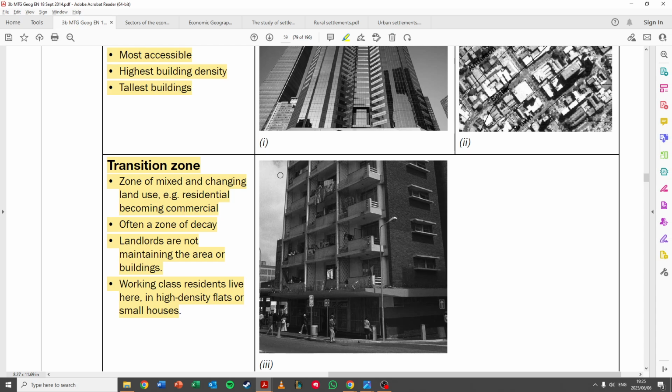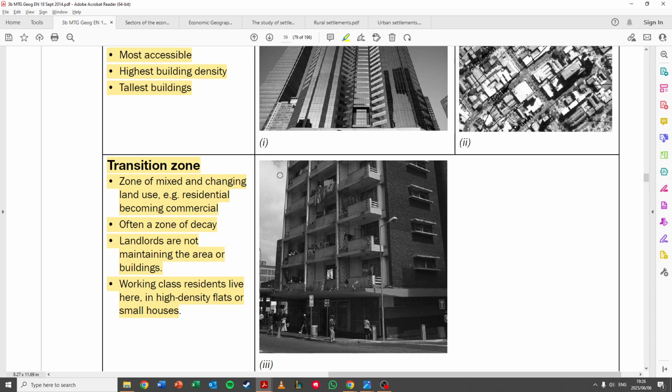Landlords are not maintaining the buildings in the area, and working class residents live here in high density flats or small houses. Like I told you guys when we did this class, unfortunately if I am a landlord that owns a building in the transition zone, I most likely don't want to give out money to renovate the building now, because I know that in a few years, or even if I sell it, I am most likely still going to make a massive amount of profit, because the land value is still high here.